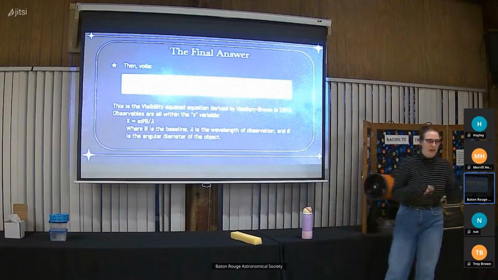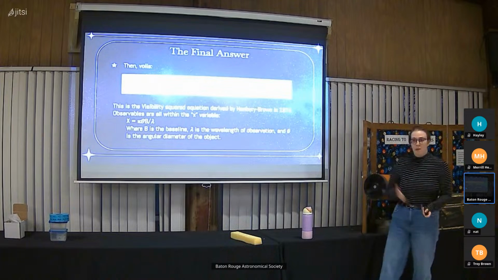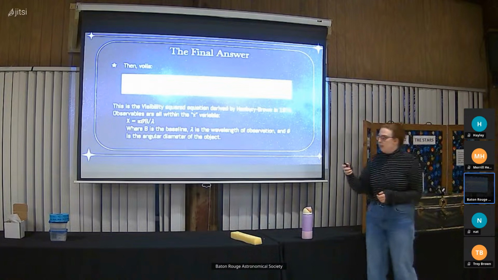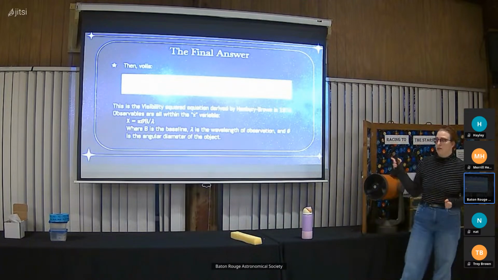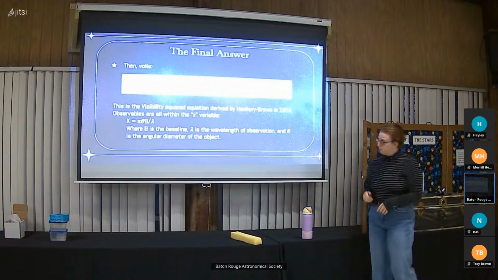And unfortunately, when you have complex terms, you can't really do much because they're not real. So you need to get rid of those, and you do that by squaring. And you can get rid of those complex terms. And so what this equation shows you, and this is the equation that I use in my research, is used pretty much by any person doing optical interferometry work.